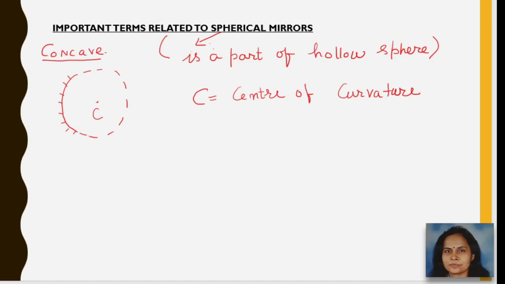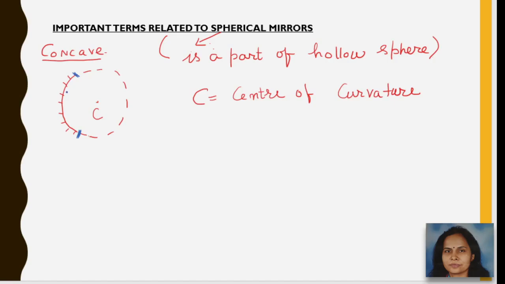One more thing about center of curvature, as it is clear from the diagram as well: this center of curvature is not part of the reflecting surface, not part of the spherical mirror. It is outside the spherical mirror, right? Now this is the reflecting surface, and the solid line is only the spherical mirror.